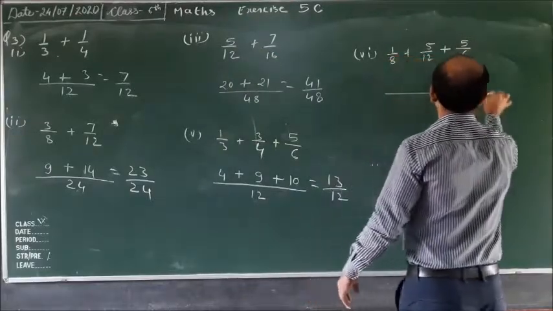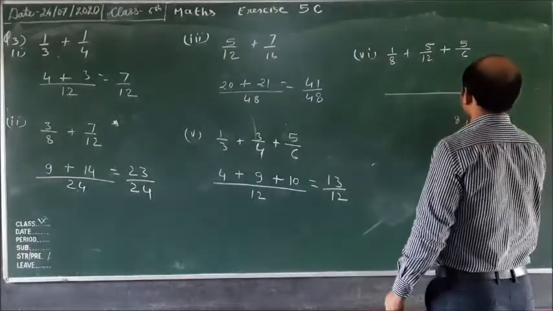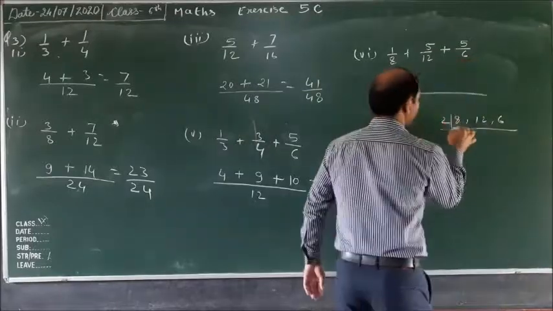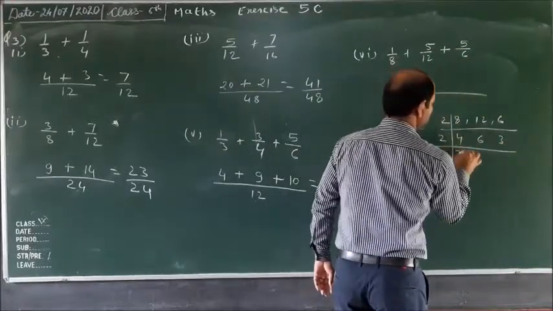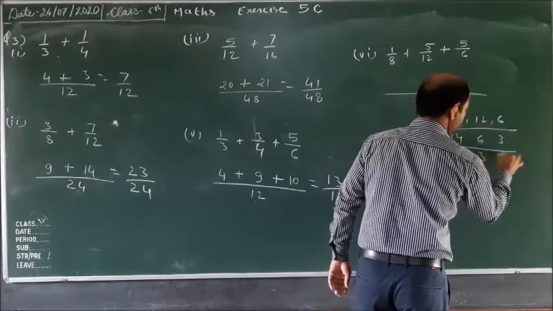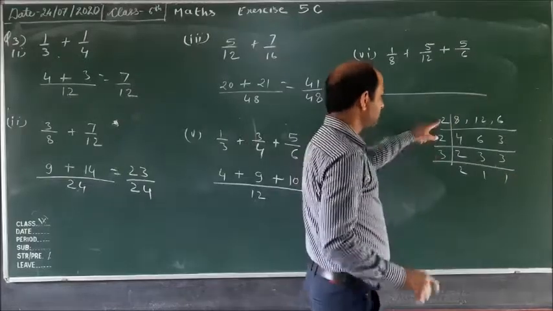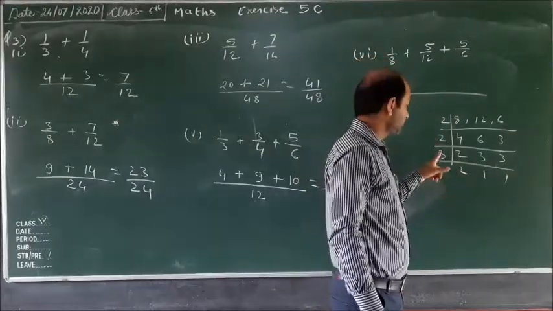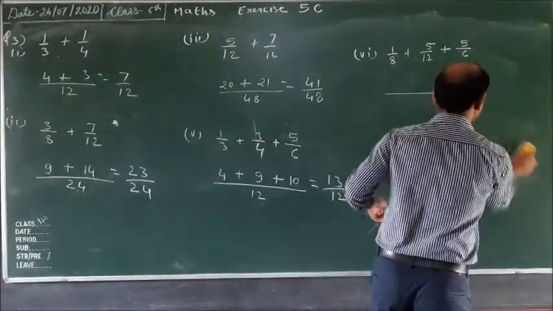Now first we take the LCM of these numbers. So the LCM of 8, 12 and 6: 2 times 4 is 8, 2 times 6 is 12 and 2 times 3 is 6. Then 2 times 2 is 4, 2 times 3 is 6, and 3 divided by 3 is 1. Now 2 times 2 is 4, 4 times 2 is 8, 8 times 3 is 24.